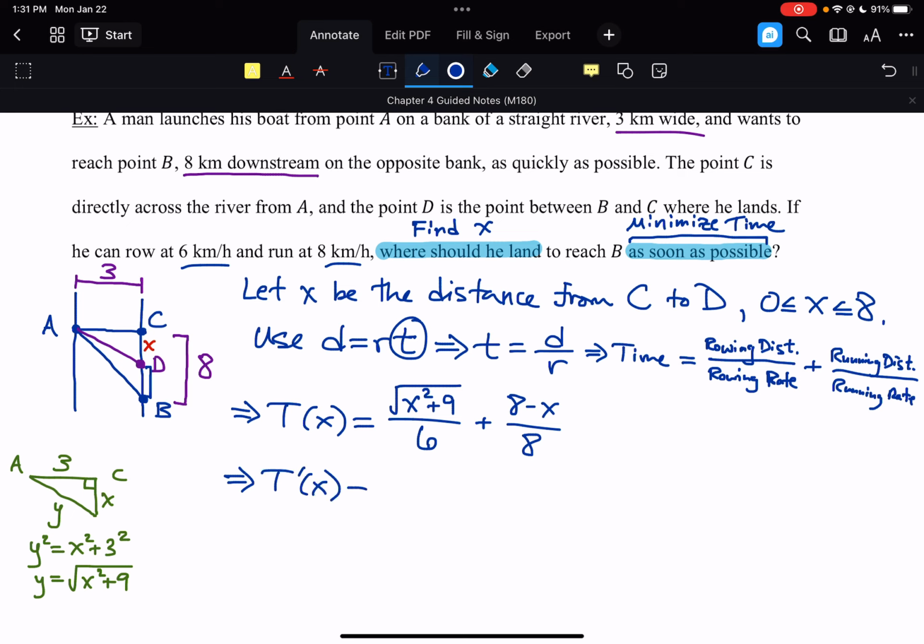So we'll go ahead and take t prime. So we're going to take the derivative of the square root. The 1/6 is just going to tag along. But that would be 1 over 6 times 2 root x squared plus 9 times the derivative of x squared plus 9, which is 2x, plus derivative of 8 minus x over 8 is just negative 1 over 8.